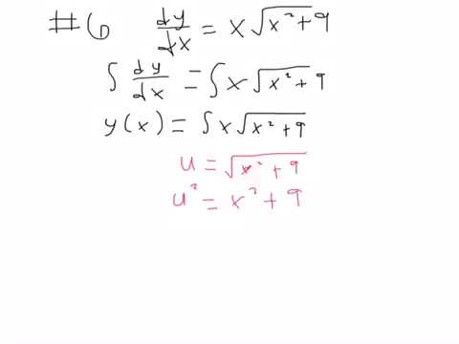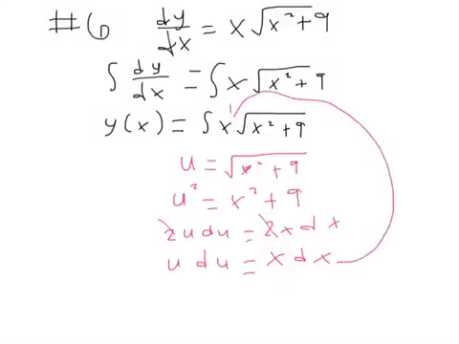Now you take the derivative of each side, so you have 2u du equals 2x dx. And this simplifies again to u du equals x dx, just because the 2's cancel out. So now the x dx fits in right up here because there's an x right here, and then that's my u, and so you should have x dx on that side.